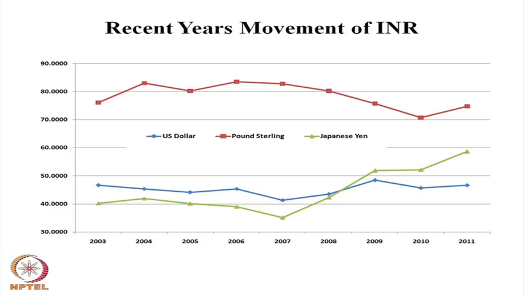Against the dollar, the rupee was fluctuating significantly, and there has been significant depreciation of the rupee after 2008. There has been withdrawal of FI investment, a reduction of forex earnings from exports, invisible earnings have been reduced, and the inflow of foreign currency has reduced, and this has depreciated the rupee further.